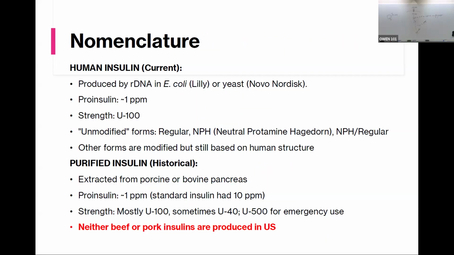So just very quick about nomenclature. Nowadays, of course, we use human insulins. We don't use, you know, porcine insulin anymore, or bovine or beef or cow insulins, right? But human insulin is not directly taken from humans, obviously. And it is very interesting.